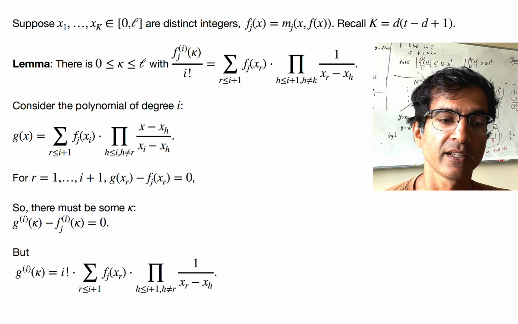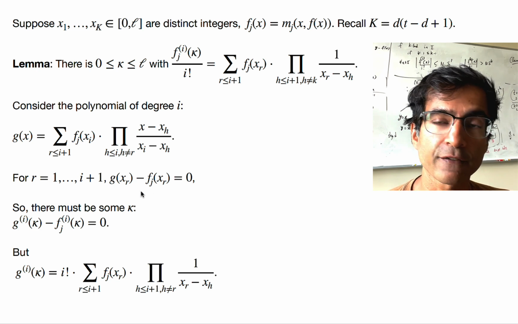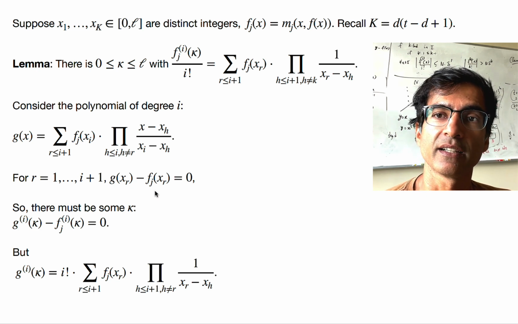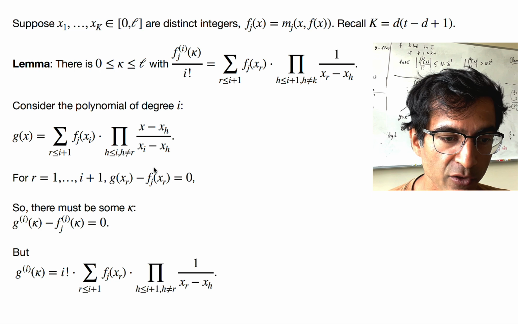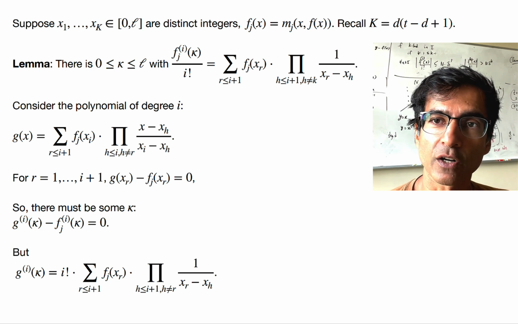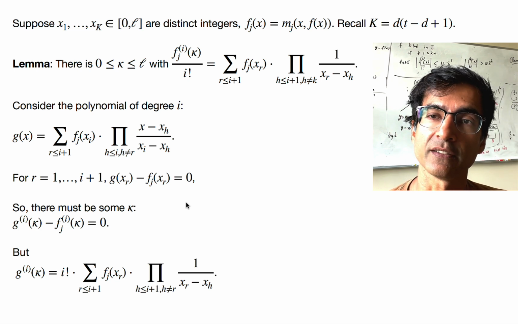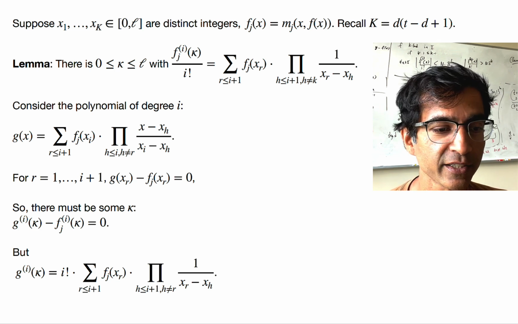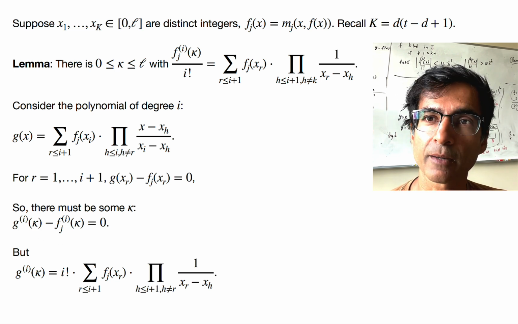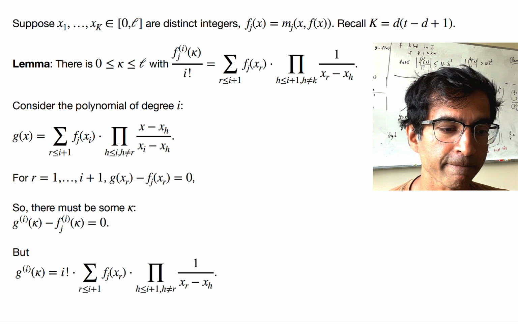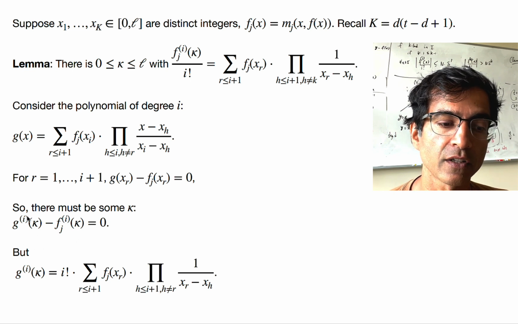Because this polynomial agrees with f on i plus 1 points, that means that the difference is 0 at i plus 1 points. And that means by Rolle's theorem, the derivative of this difference is 0 at i points. And the derivative of the derivative is 0 at i minus 1 points, and so on. So continuing in that way, you eventually get that there must be some kappa in the interval where the ith derivative of that difference is 0.